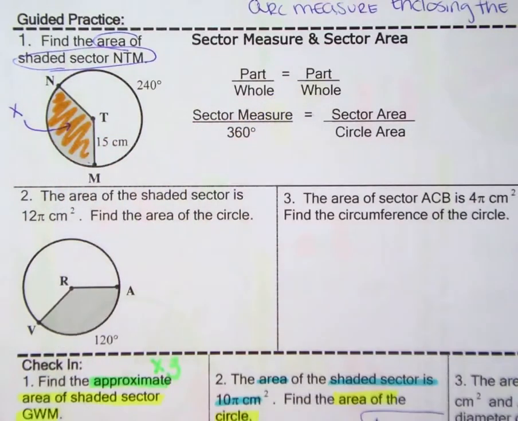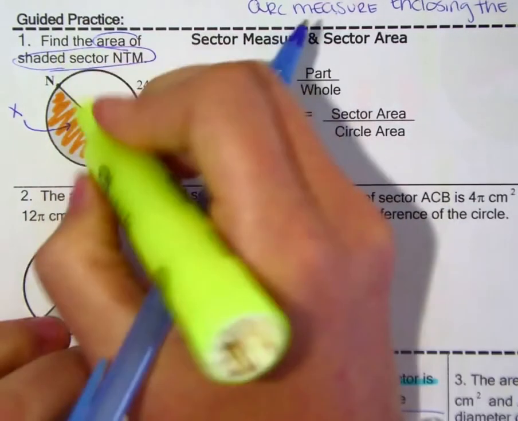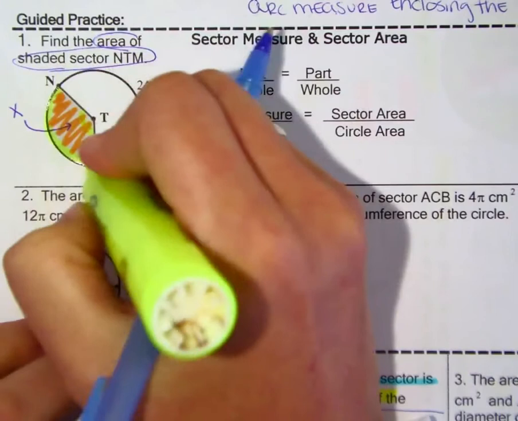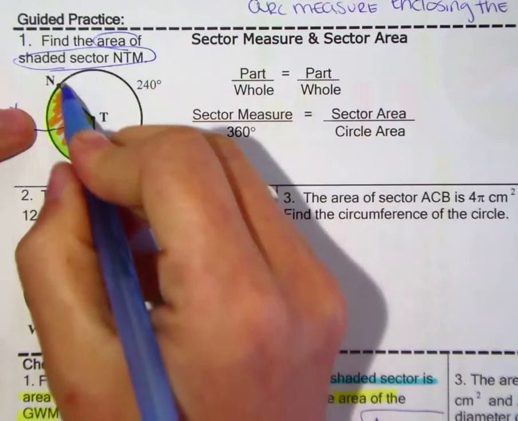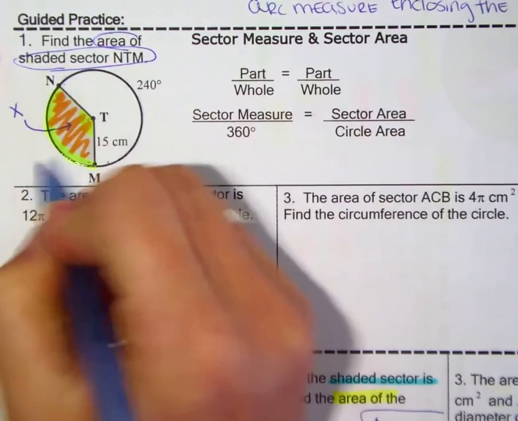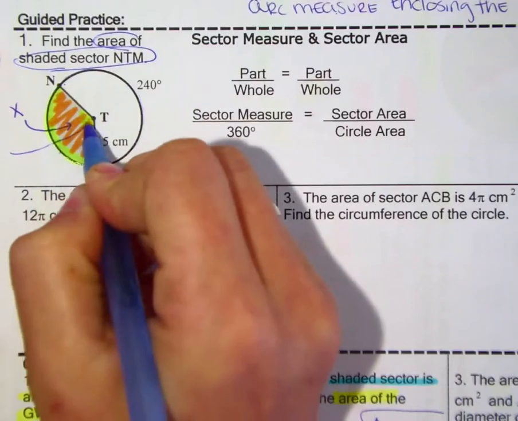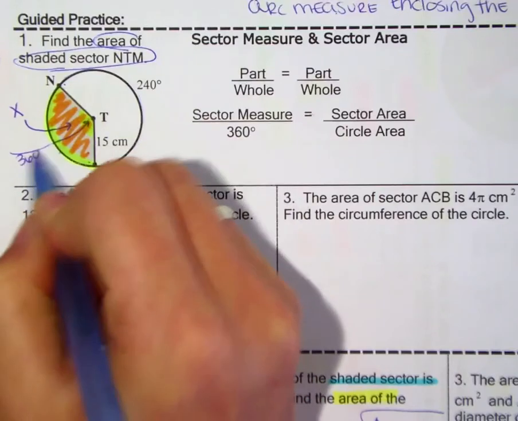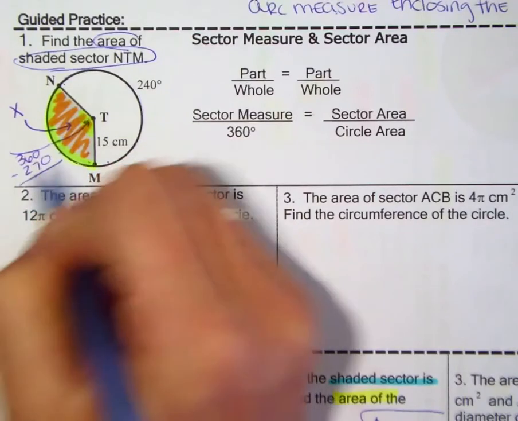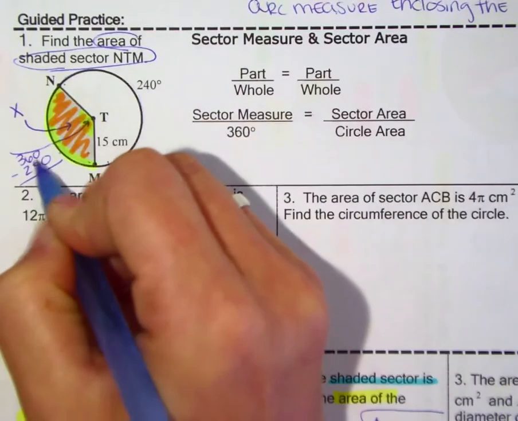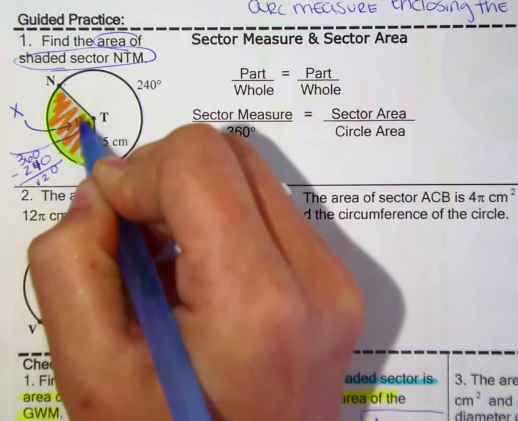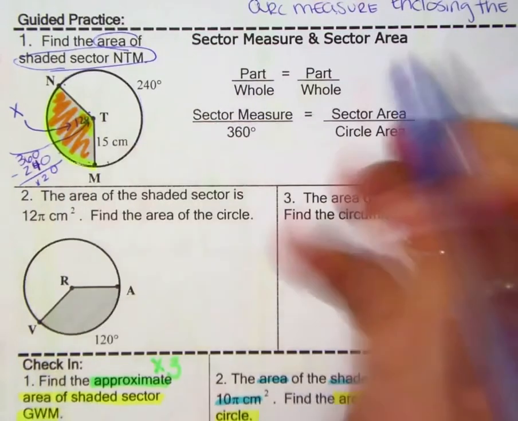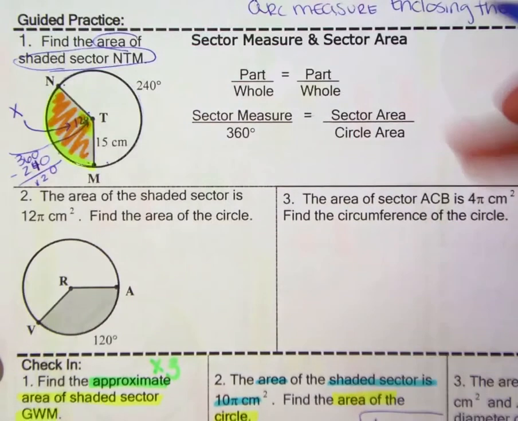In order to do that, we need to know the proportion of the arc measure or the central angle. We know that this is 240, so the measure of the central angle will be 360 minus 240. That is 120. This is 120 degrees, so we'll use our proportions.